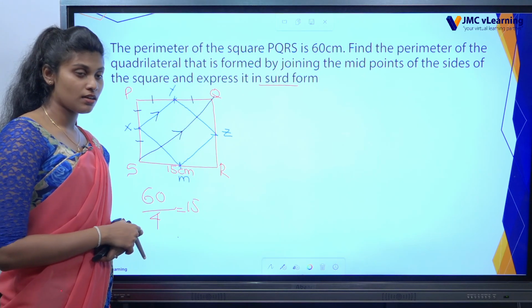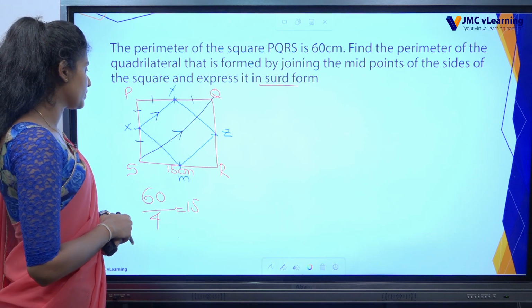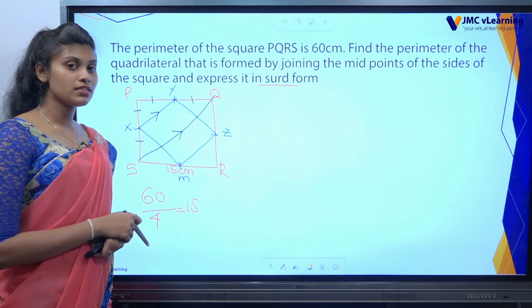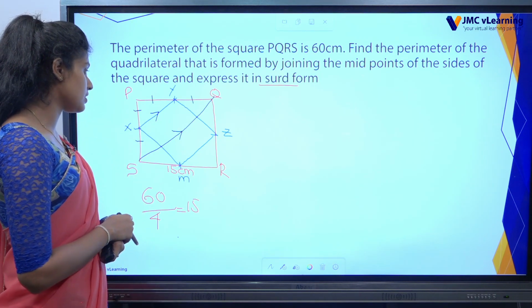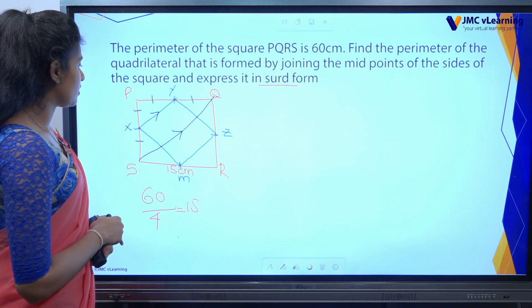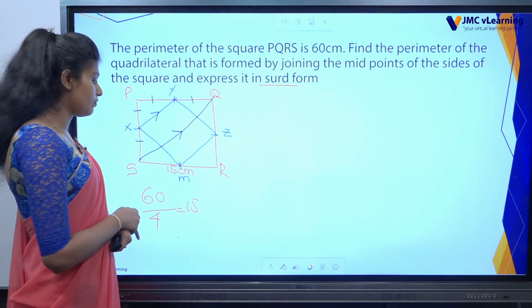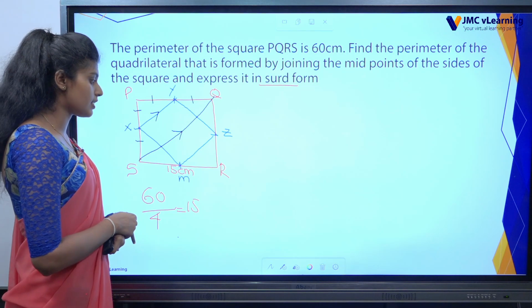When we join two midpoints of the triangle, that line going through the midpoints is parallel to the third side. Then we have to find the length of the QS side.